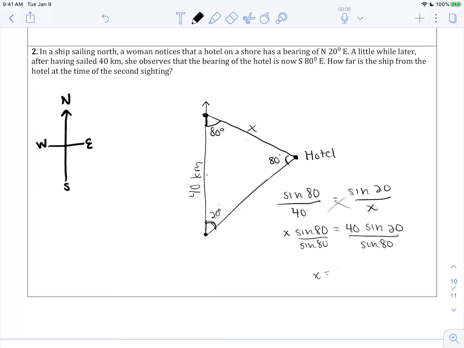And I get 40 sine 20 all over sine 80. I would plug that whole thing in my calculator, and I get that x equals about 13.89 kilometers. So the ship is about 13.89 kilometers from the hotel.